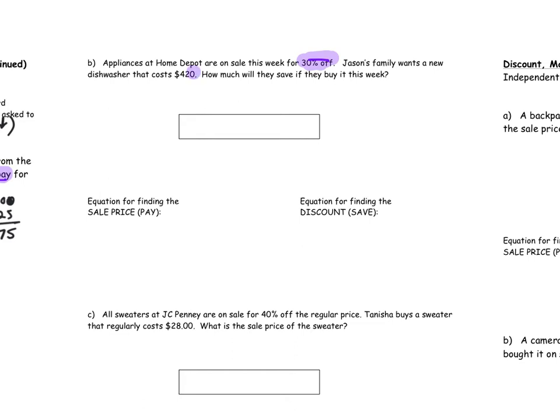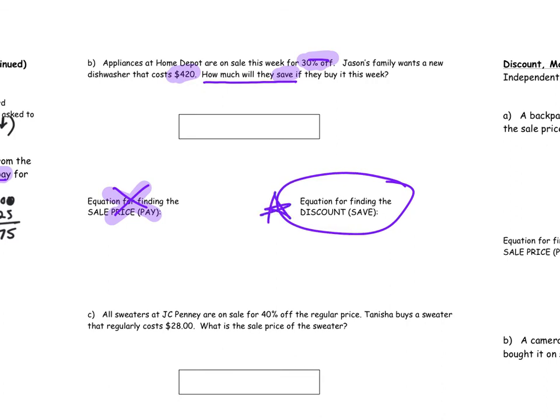We would get the cost, which is 420, and here's a very important part. It says how much will they save if they buy it this week, which means we're not going to need the pay equation. We only need the save equation.